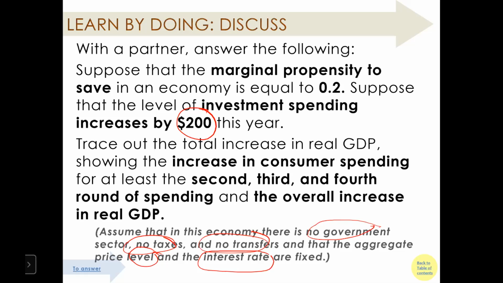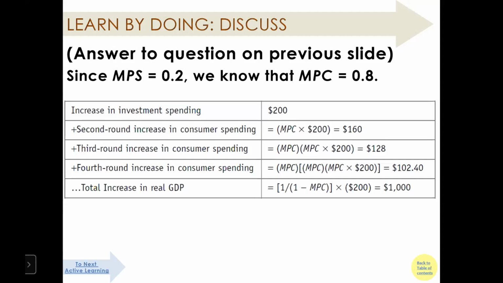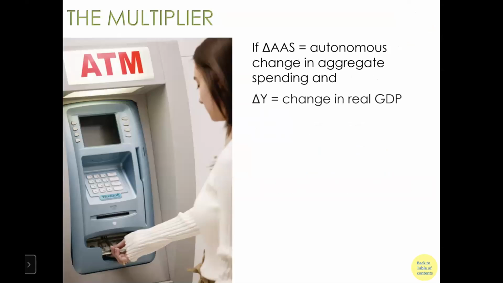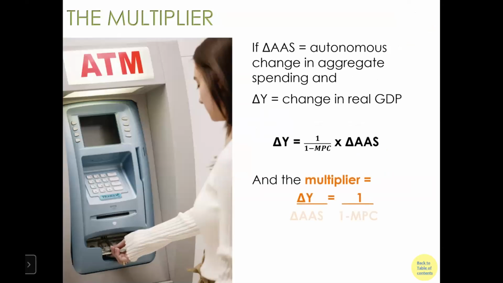Now, this is the answer for the previous slides or the discussion question. I encourage you to work it out yourself, and then compare with what I explained in these slides. Given this MPC, we can define the multiplier. So what is the multiplier?